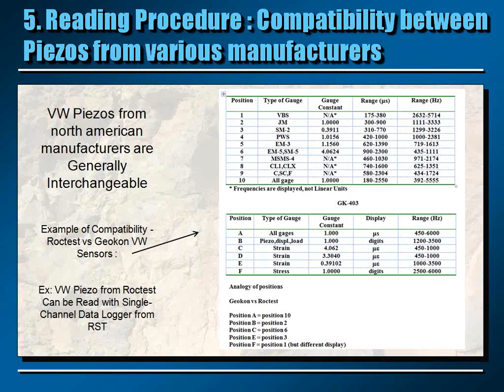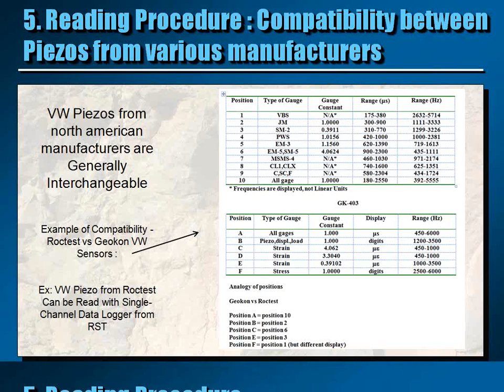And also you must be careful when you select a position on a readout box, because you must select a position that will cover the entire range of the type of sensor that you are trying to read. But normally with the proper adjustment, there's compatibility between sensors from different manufacturers.